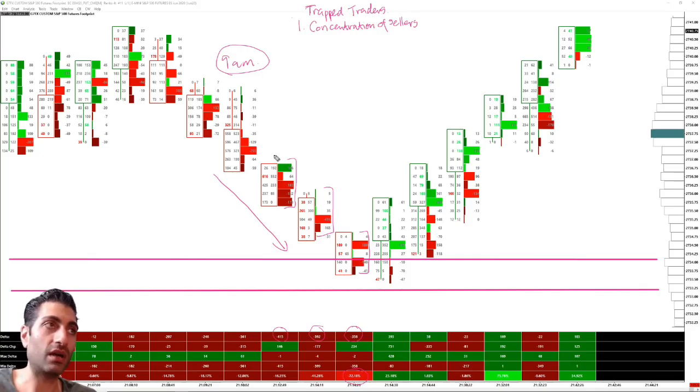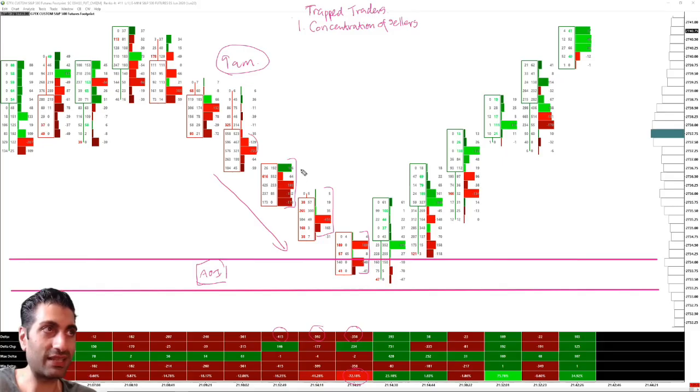These will generally be retailers who are getting FOMO or wanting to play short breakouts, and we're obviously taking advantage of that. So the first thing, which should make sense to you, is I'm looking for heavy concentrations of sellers coming into my area of interest. Can you see it here? Heavy concentrations.